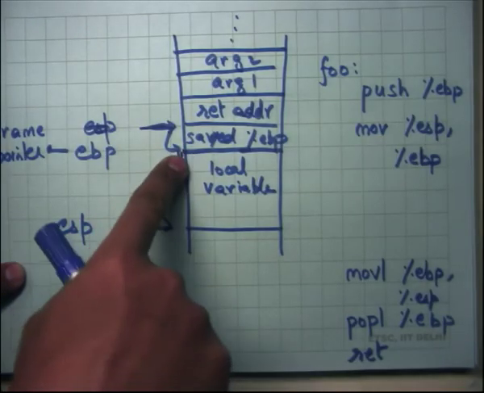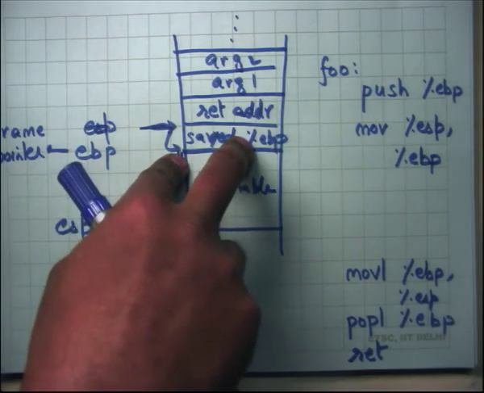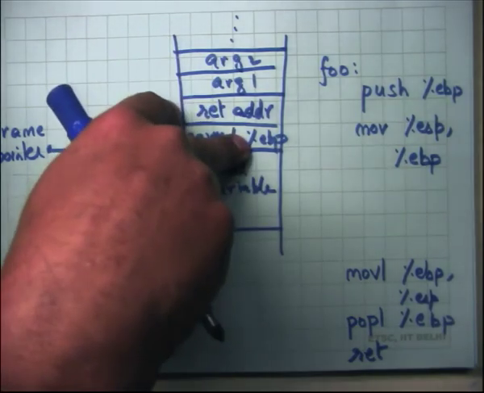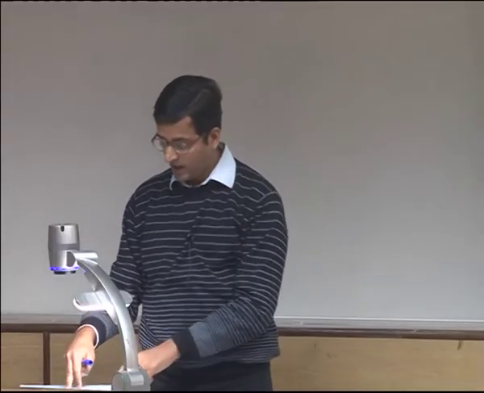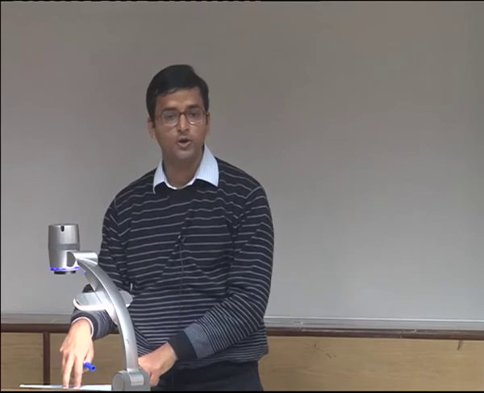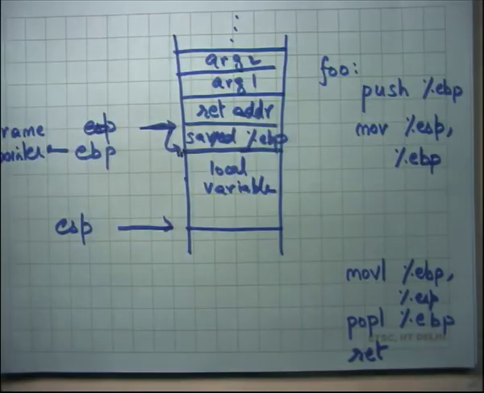I just look at my EBP, dereference it, I get the EBP of my caller. I look at that EBP, dereference, I get the EBP of its caller, and so on. And if I dereference plus 4 of it, I also get the return address. So with each frame pointer I also have the return address, and that's how I basically have the call chain of the entire stack. That's how the backtrace command, for example, is implemented on GDB.